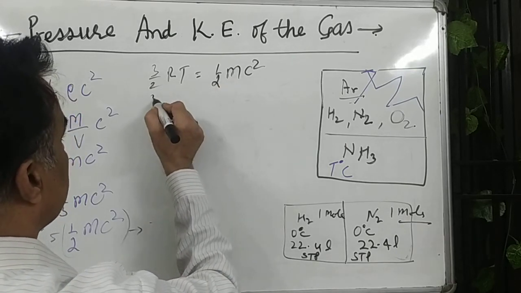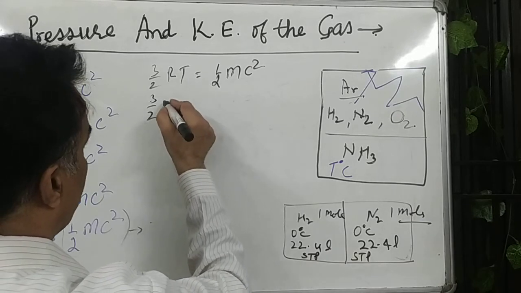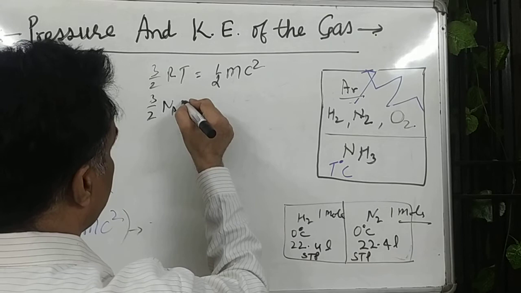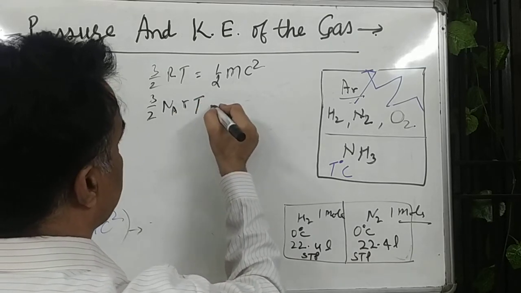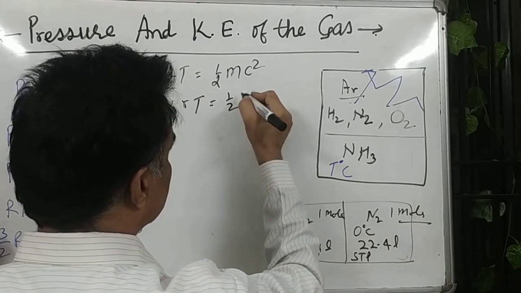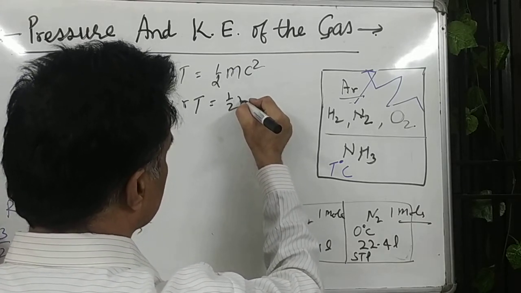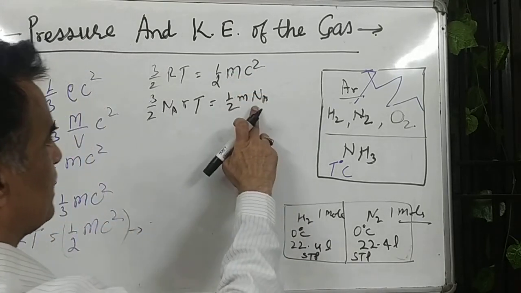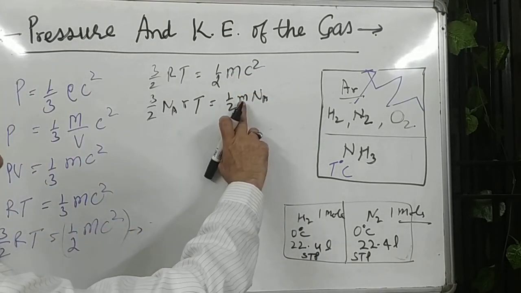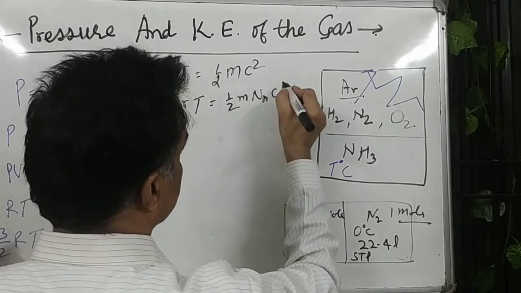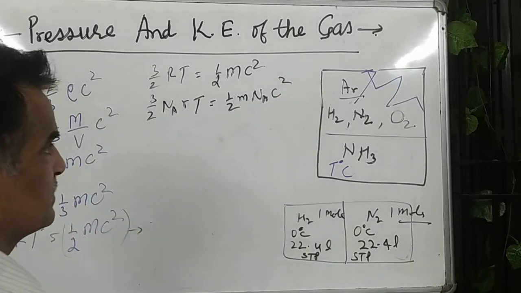We can write 3 by 2 Avogadro number Na into small r into T equals 1/2 Na times the mass of one molecule into C square.